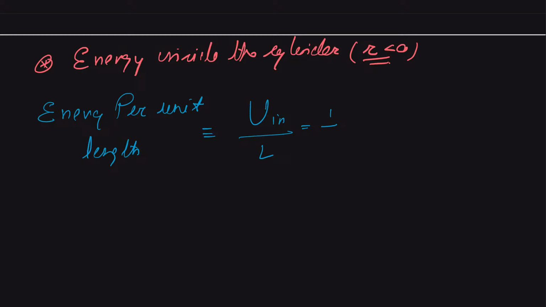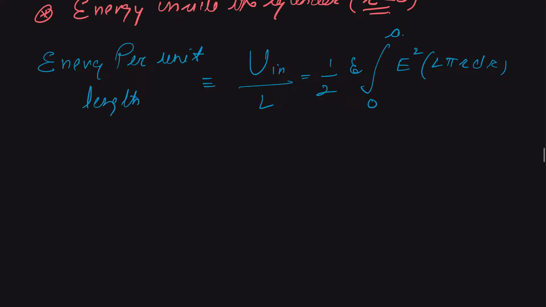equal to 1 upon epsilon naught integral, and this is our E square, and we get this as our 2 pi R dr, and the limits will be from 0 to A. And we substitute the value of E, the electric field, that is rho R upon 2 epsilon naught.